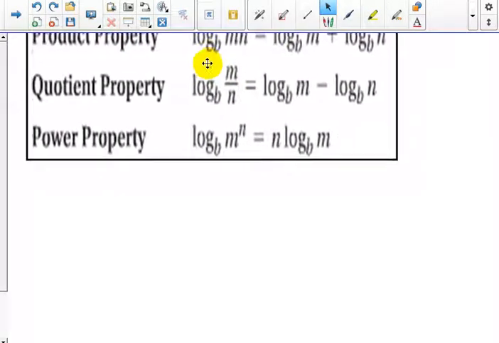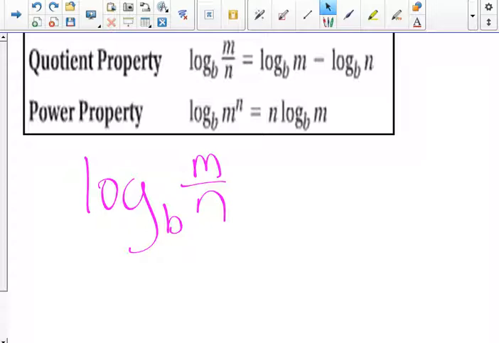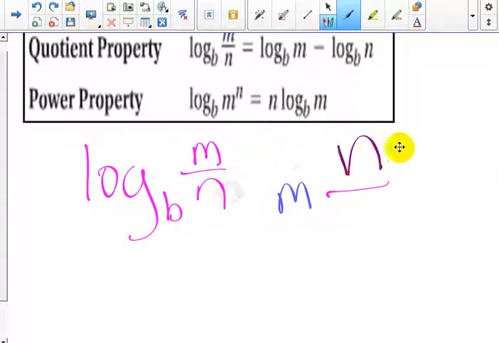When I have this division, log b of m over n, I look at it this way. This becomes my m, the bar becomes my minus, and the n.